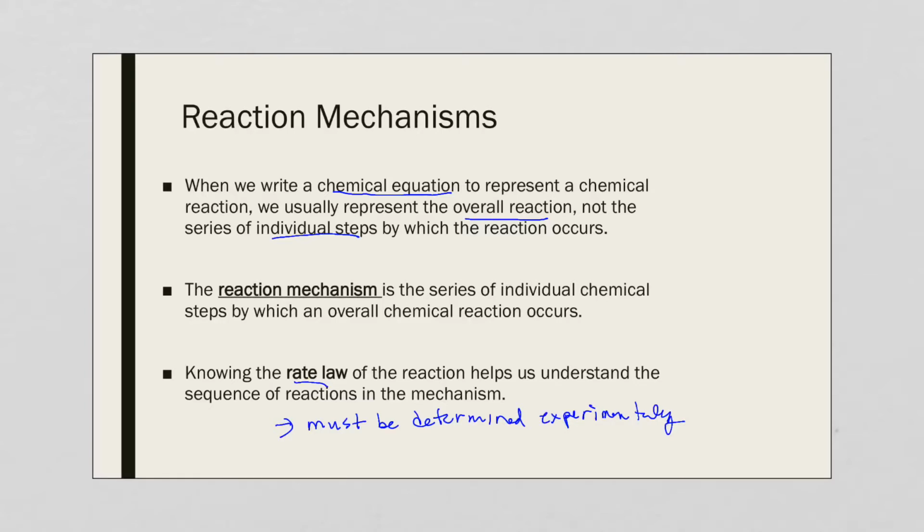We have to come up with it experimentally, such as using the initial rates method, etc., that we talked about in earlier sections. But it can help us understand the mechanism. So we're going to go through in the next few slides a little bit of an introduction into how this process might look, or how we can gain insight into the mechanism of a reaction.